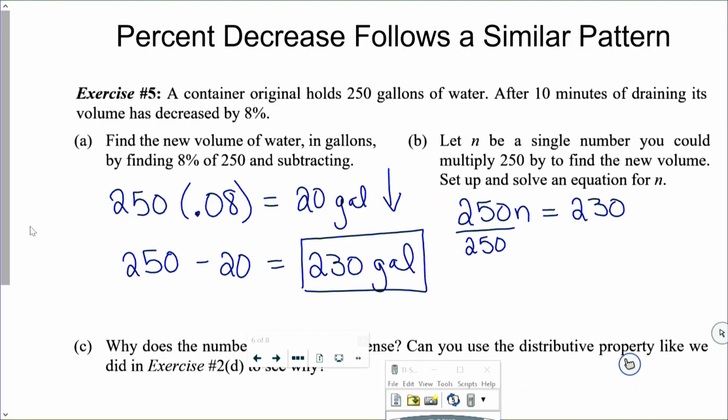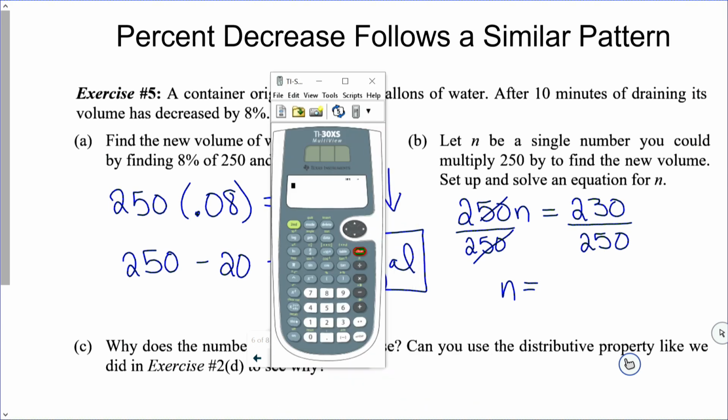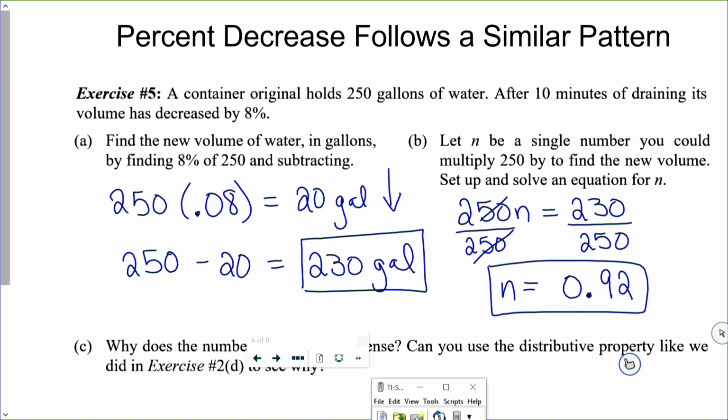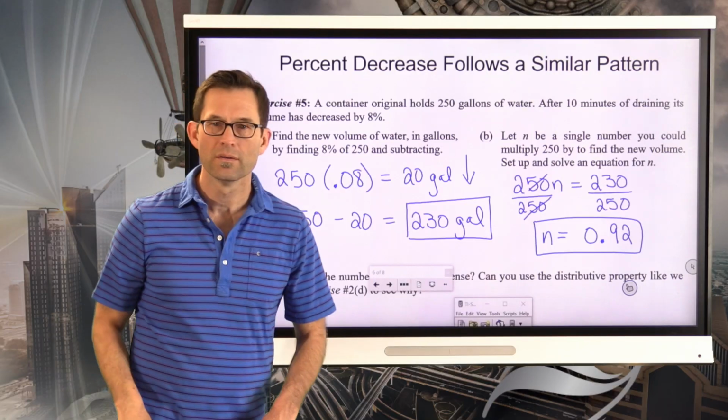I'm going to divide both sides by 250, and I'm going to find that n is equal to 230 divided by 250, which equals 0.92. Let's bring that back down here. Now, that's kind of cool.